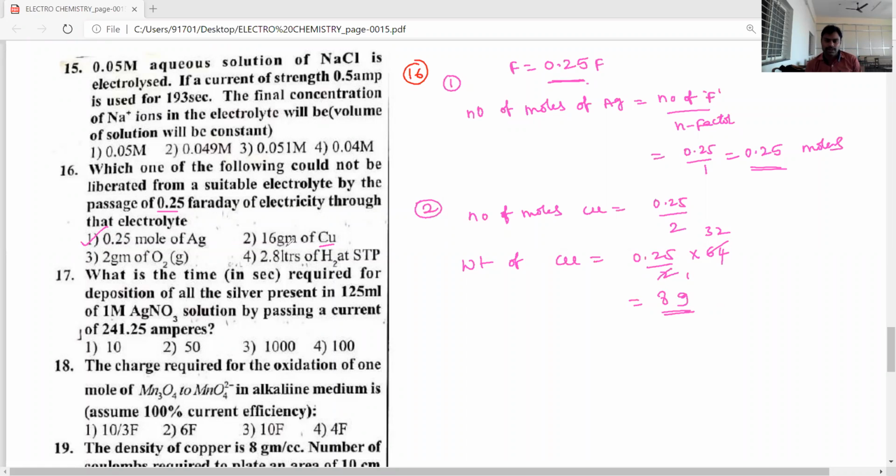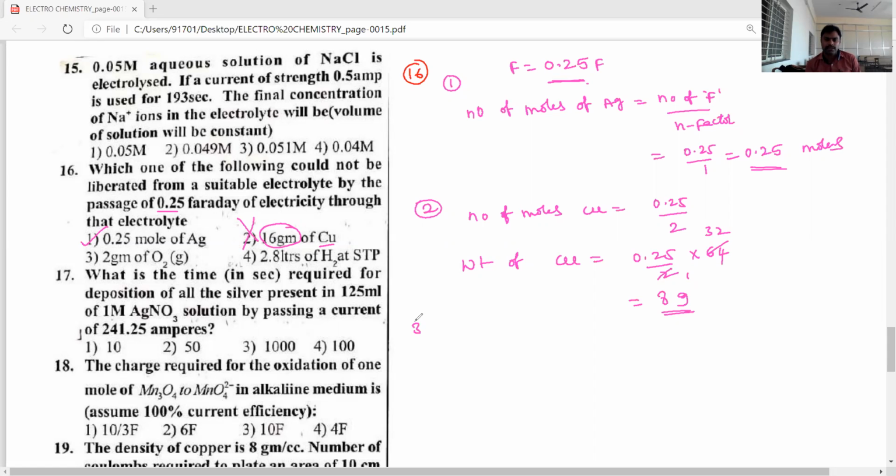But instead of 8 grams, they gave 16 grams. So the second statement is wrong, it is not matching. It does not liberate 16 grams when 0.25 Faradays of electricity is passed through copper sulfate electrolyte. It produces only 8 grams, but not 16 grams.